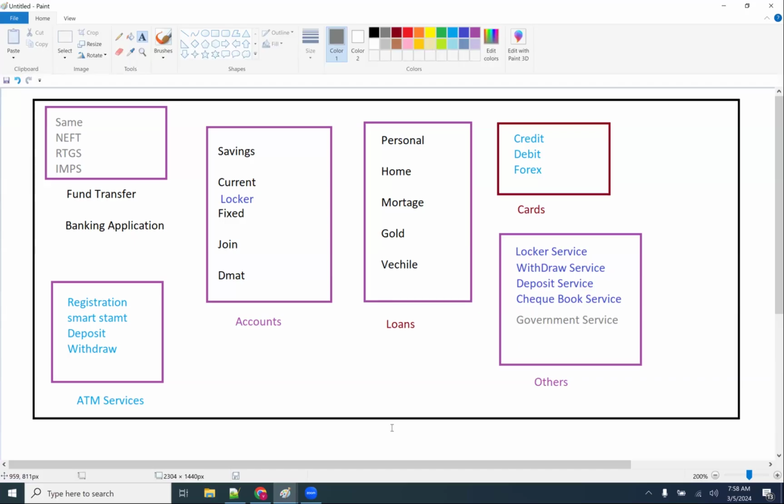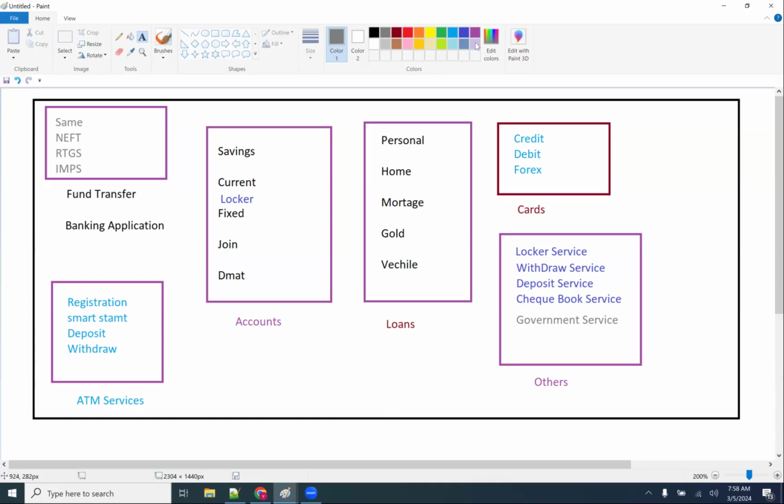Can I have anything common feature-wise? Okay. So the first thing is account creation. Under that: savings account, current account, fixed deposit, locker account, joint account, demat account.